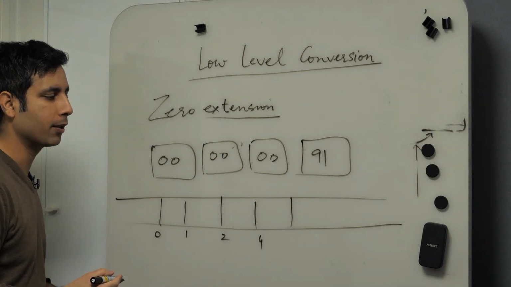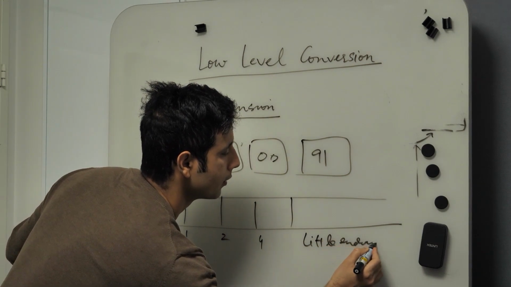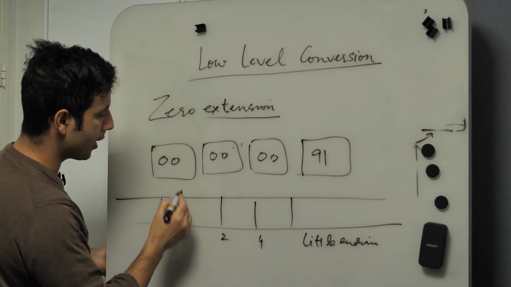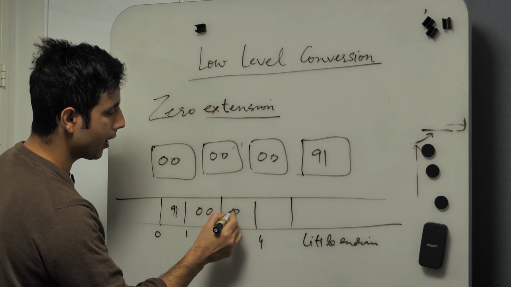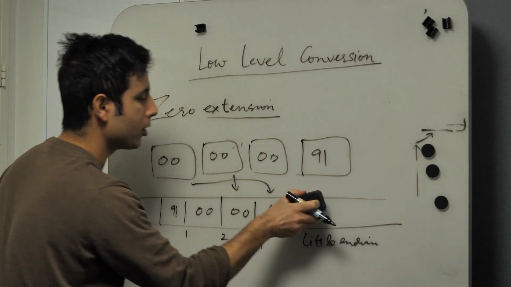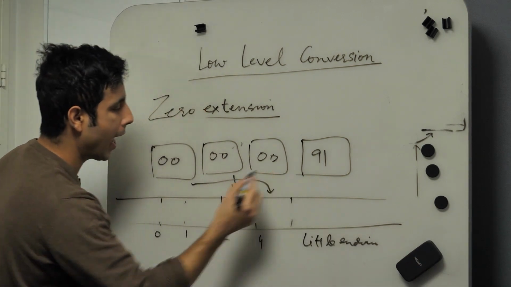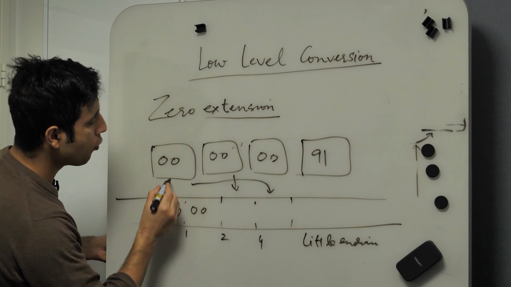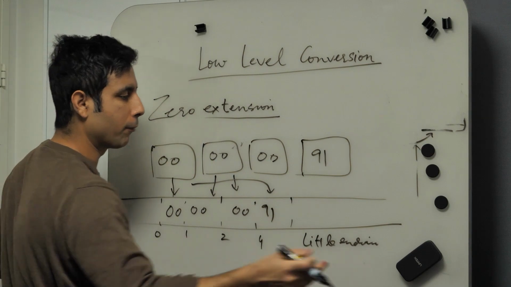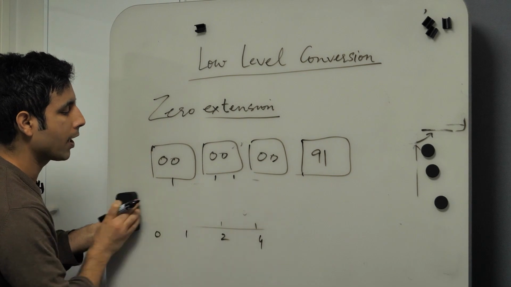For example, if it is a little endian machine, then the least significant byte comes first, then the second least significant, then the third, and then the fourth. But if it was a big endian machine, which is less common nowadays, it would be placed so that the most significant byte goes first. But for our discussion, let's keep it simple and not worry about the endianness of an architecture.